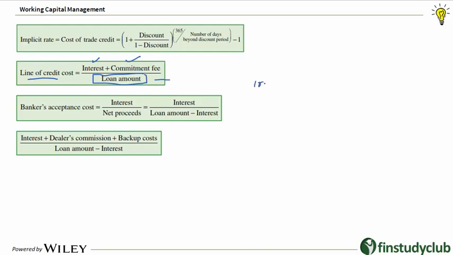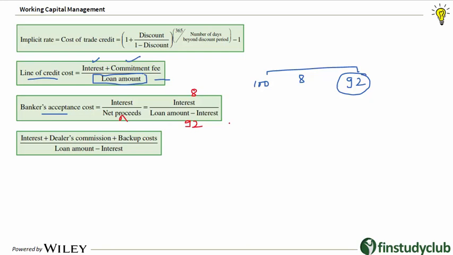Let's say you borrowed 100 for 1 year, for which the interest is turning out to be $8; the lender is going to give you 92 itself. So the net proceeds is 92. So let's say the banker's acceptance cost, what you finally get is the net proceeds in hand. So the cost that you will have to calculate is like this.